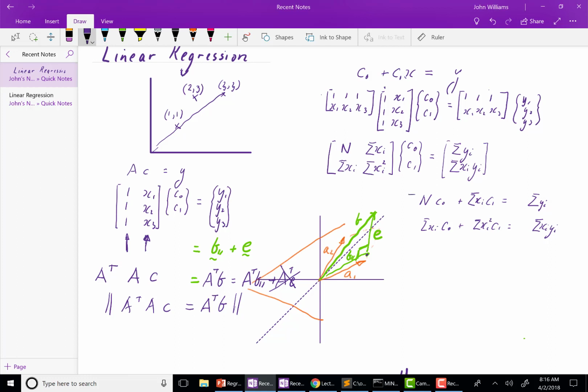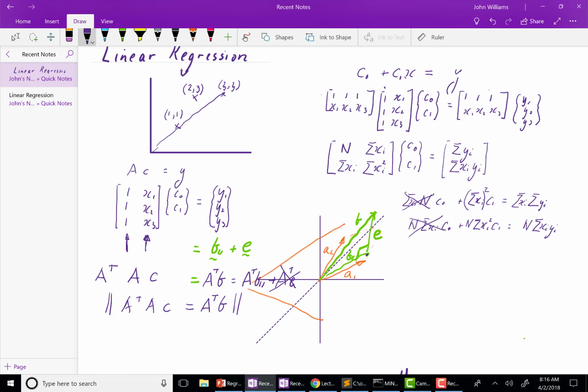So multiply this first one by sigma xi, so this becomes sigma xi squared, and here sigma xi. And multiply this second one by n. So we get that. Now let's subtract this first equation from the second equation. So these terms are going to cancel out.